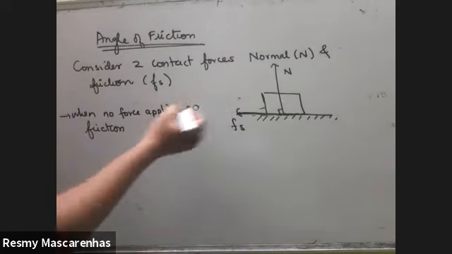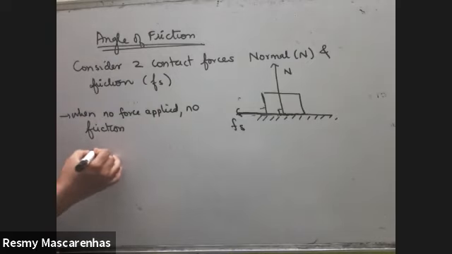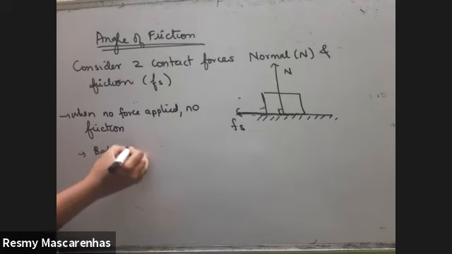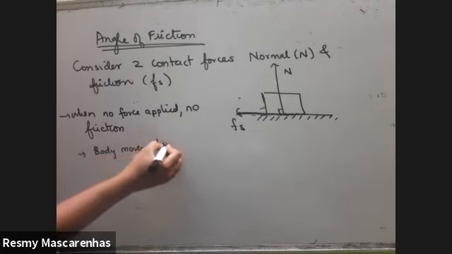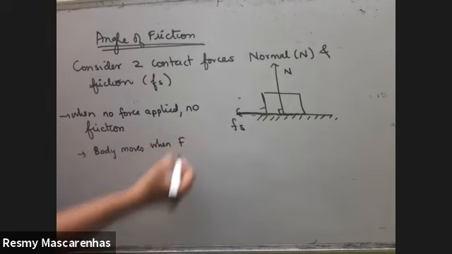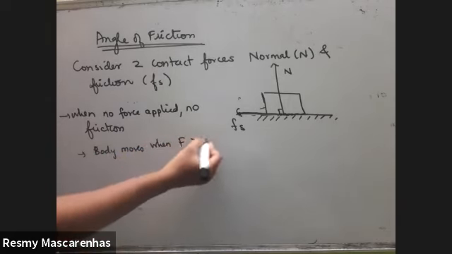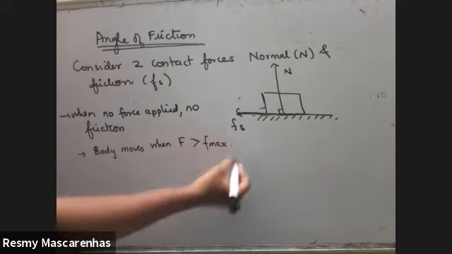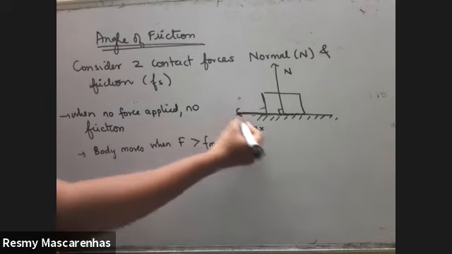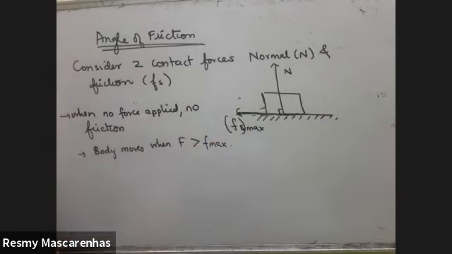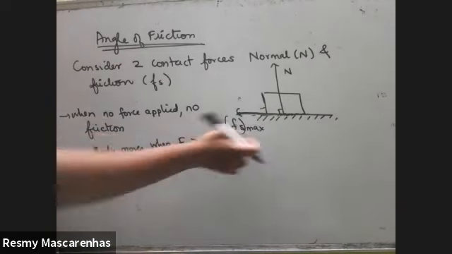So when will the body start moving? When the applied force is more than your maximum force. So we'll consider this as f of s max. You can just write this as f of s max.